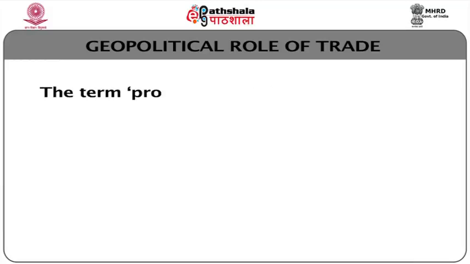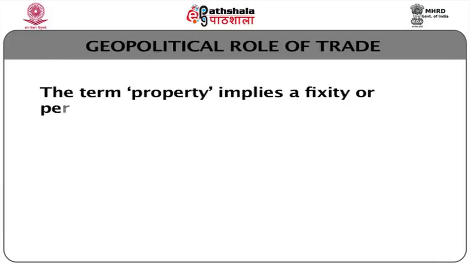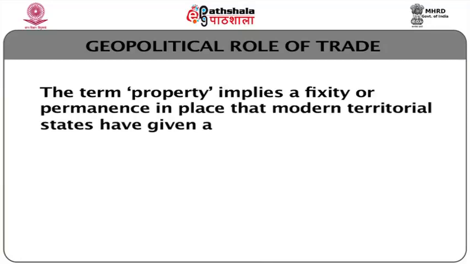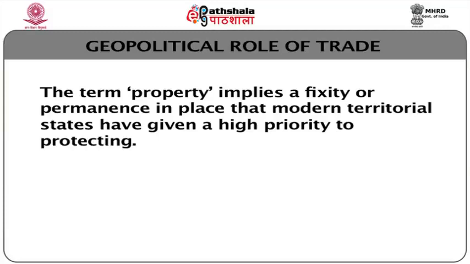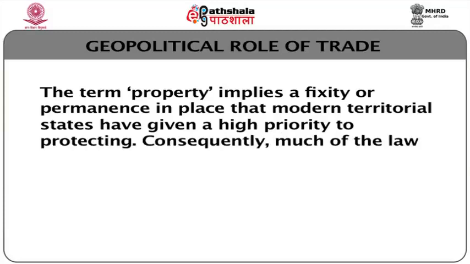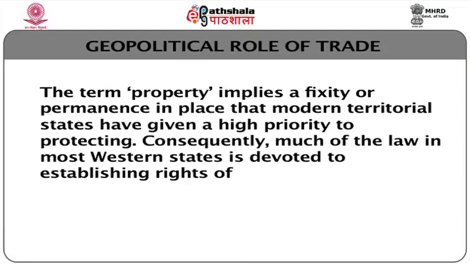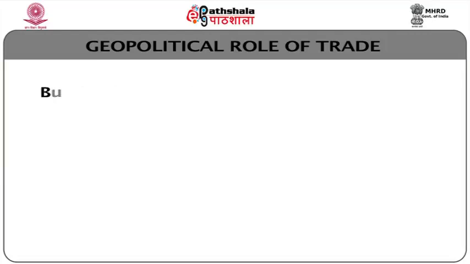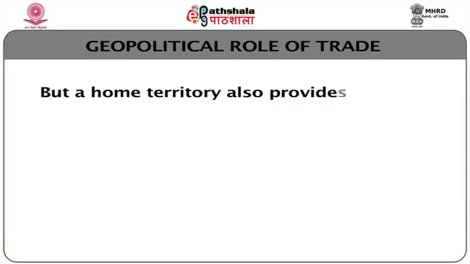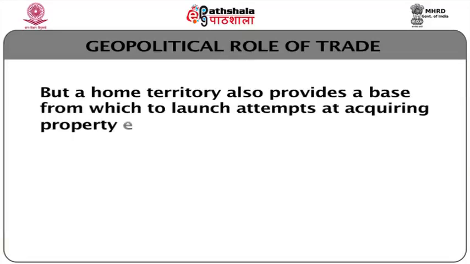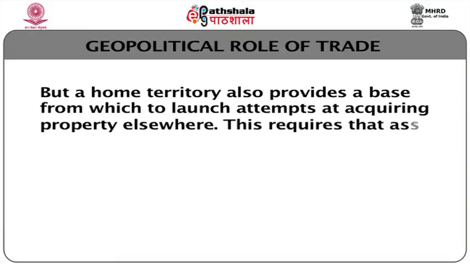The term property implies a fixity in place that the modern territorial state has given high priority to protecting. Consequently, much of the law in most Western states is devoted to establishing rights of ownership and access. But a home territory also provides a base from which to launch attempts at acquiring private property elsewhere.